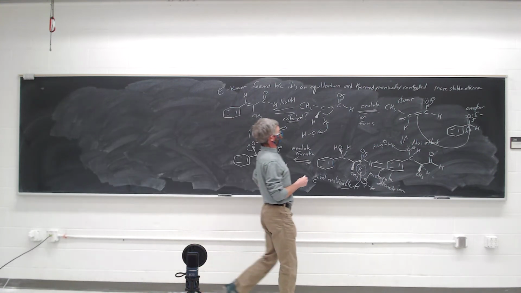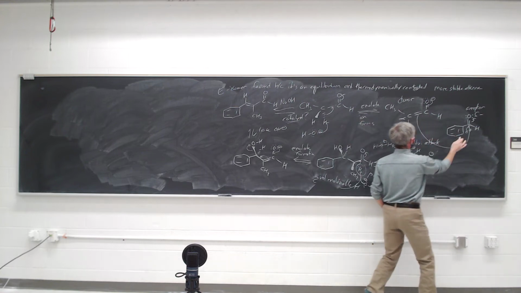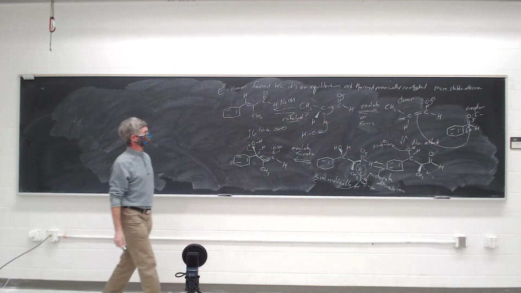So here's the question. How do we get this donor to donate to that and not to itself?